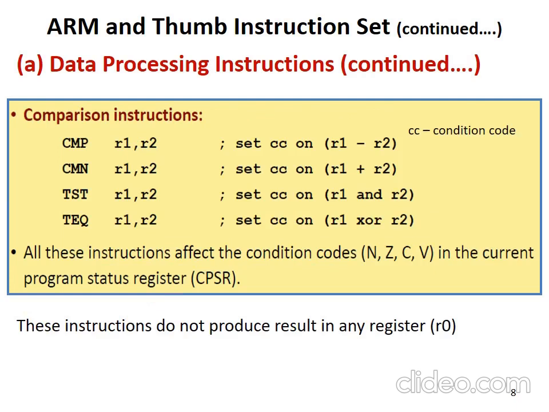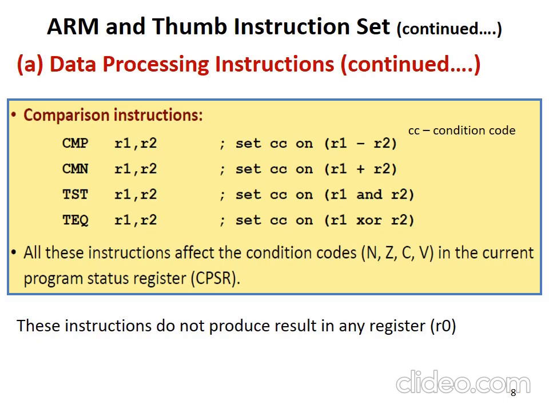Next, in data processing instructions, compare instructions. CMP compare, CMN compare negate, TST test, TEQ test equality. CMP R1 R2, that is here R2 is subtracted from R1 and the result is used to alter the conditional code flags N, Z, C and V, that is negative, zero, carry and overflow flags, according to this instruction.